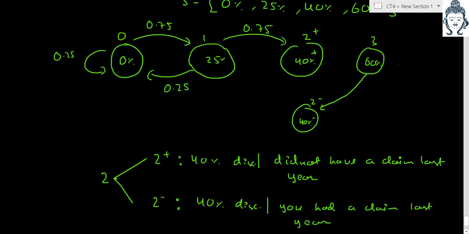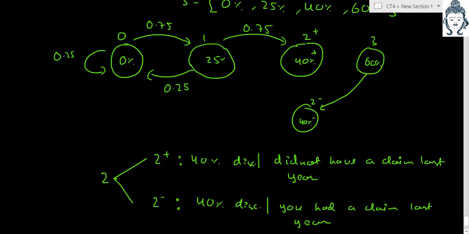If I had a claim last year, but if I am at 60% level, this in itself means that I did not have a claim last year, because I'll only move to 60% level if I did not have a claim last year. You cannot be at the top discount level if you had a claim last year.